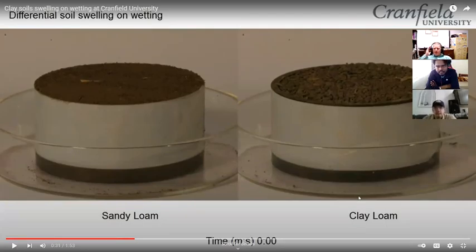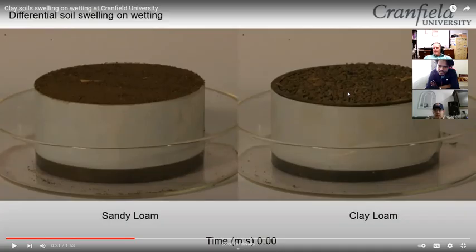Now, using your intelligent brains, which one do you think is going to shrink and swell the most? The clay one. Why? Just because of how much bigger of a particle it is than the sand one. You're right. Okay. The clay one's going to shrink and swell more.